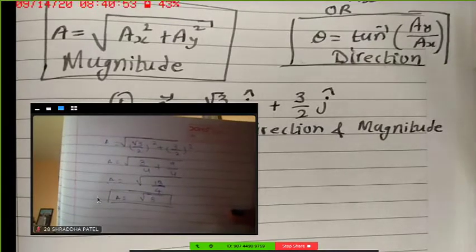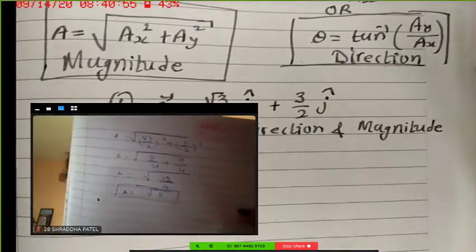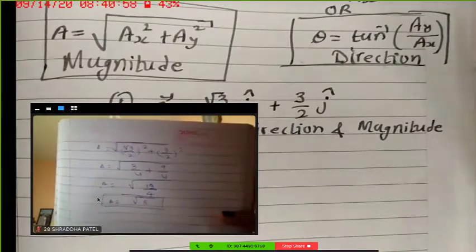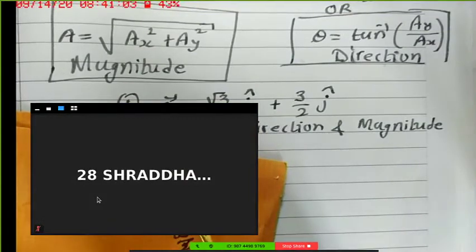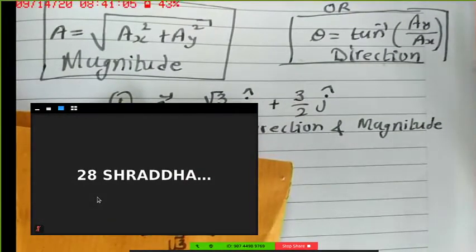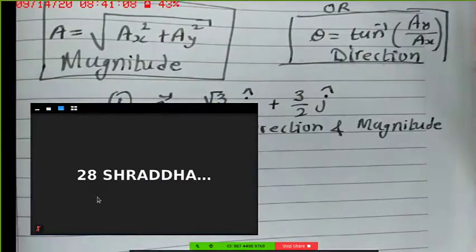It should be... Yes, something is off. Let me see in my work. No, root 3 is the correct answer. Sir, but instead of root 13 by 4, it should be root 12 by 4. Yes, it's 12 only. Never mind. Somebody else?